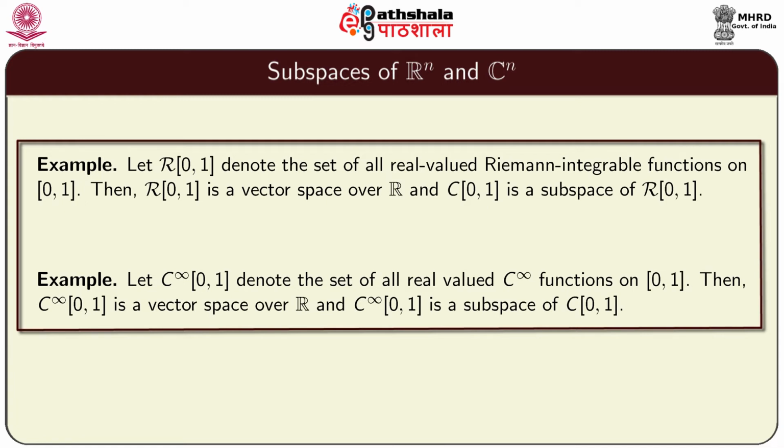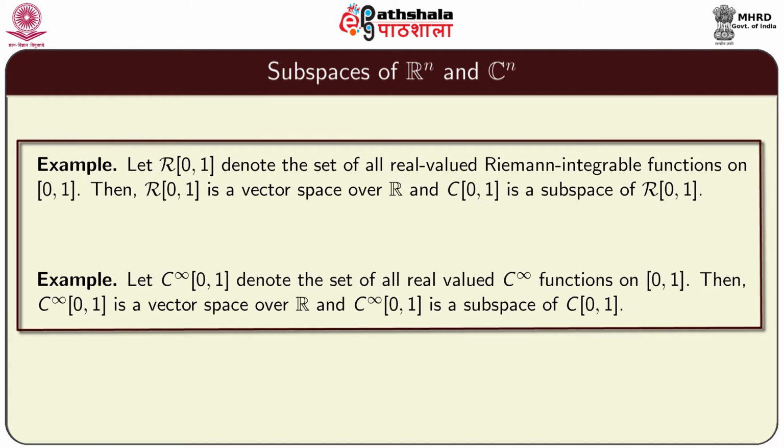and C[0,1], which was defined as the collection of all continuous real valued functions on the closed and bounded interval [0,1]. And again, we know that every continuous function on [0,1], for that matter on any closed and bounded interval [a,b], is Riemann integrable.